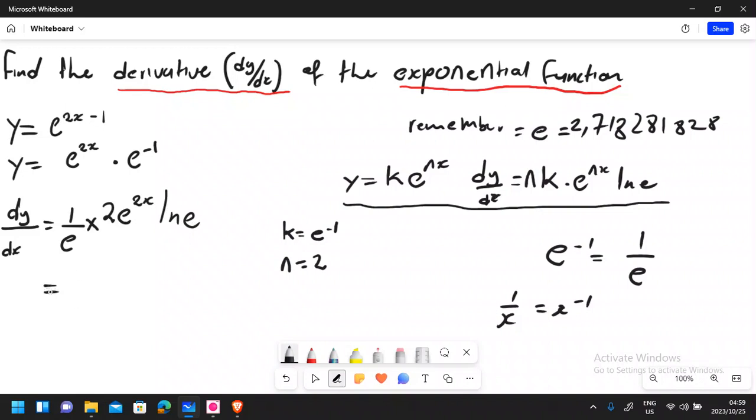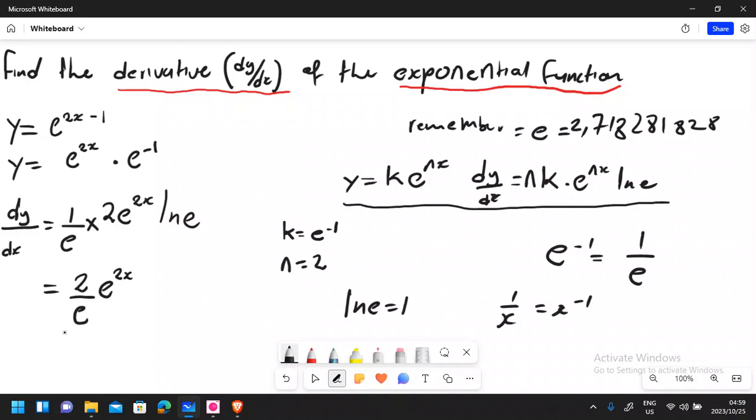Now if you continue, your final answer is supposed to look like this: 2 over e, and then we have e to the power of 2x. Remember, natural log e is equal to 1, so we just write 1.